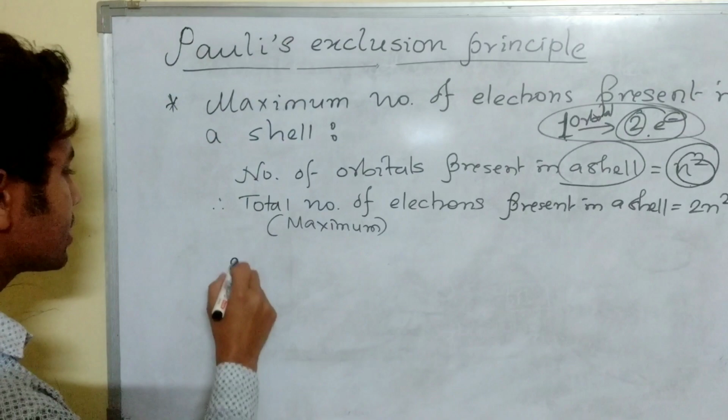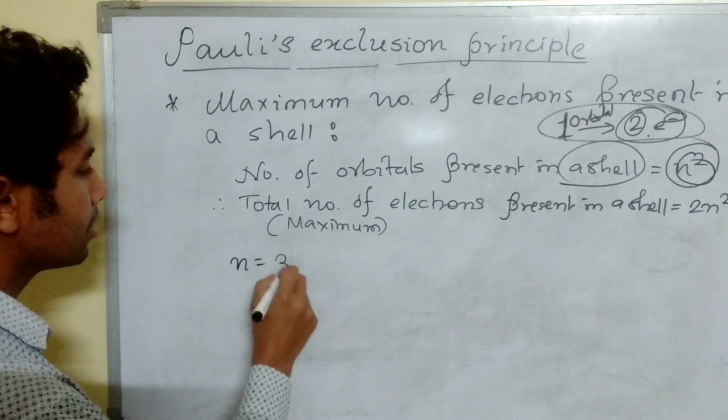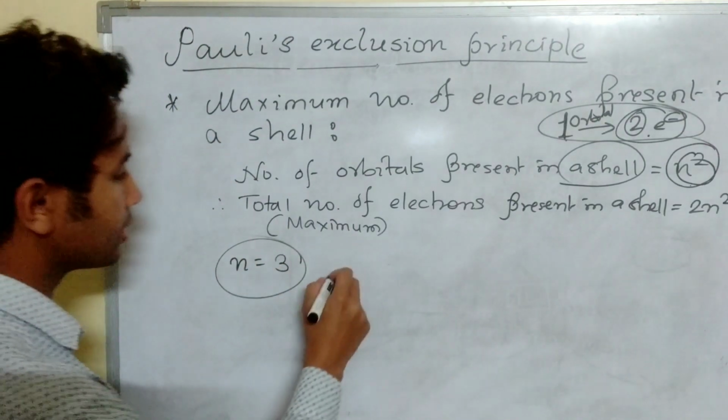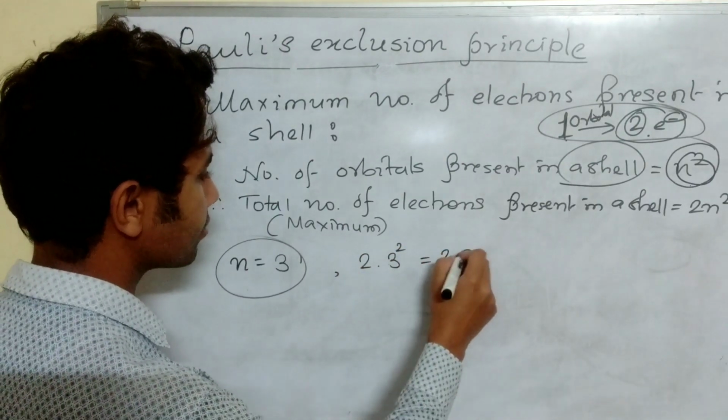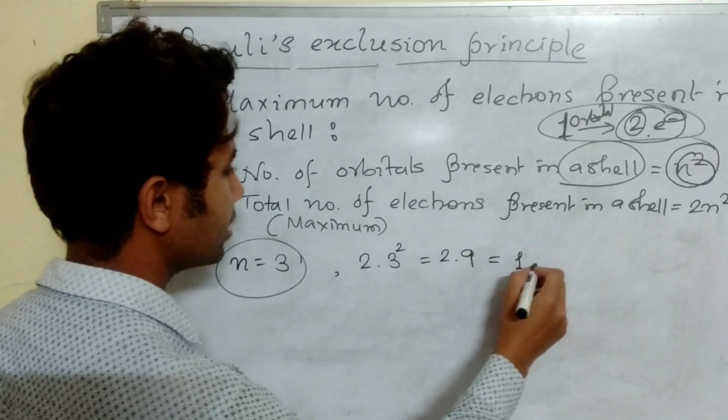Just if we consider n is equal to 3, means third shell, then what will happen? The number of electrons will be 2 into 3 square is equal to 2 into 9 is equal to 18.